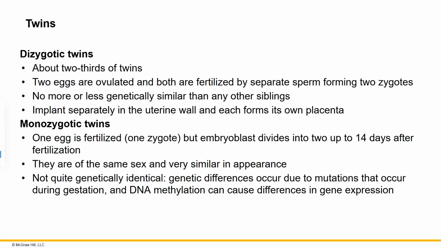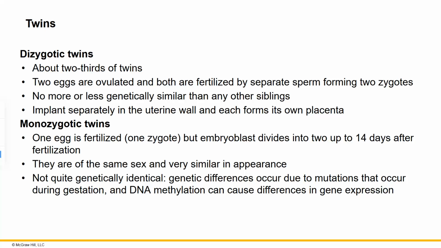So twins, dizygotic versus monozygotic twins. Dizygotic, about 2/3 of twins. 2 eggs are ovulated and both are fertilized by separate sperm, forming 2 zygotes, no more or less genetically similar than any other siblings. They implant separately in the uterine wall and each forms its own placenta.